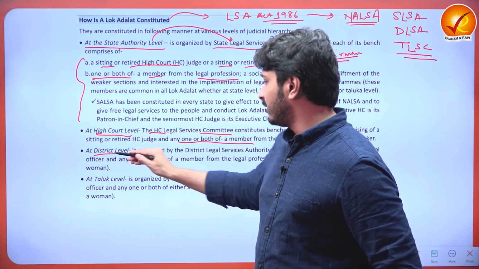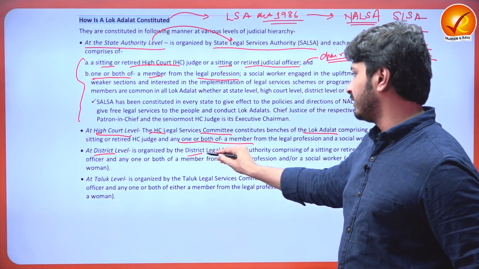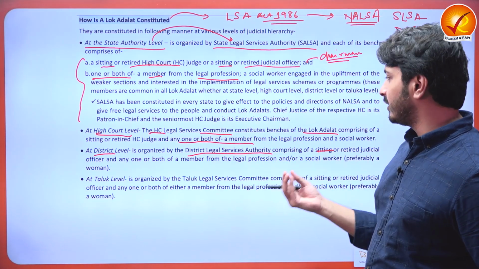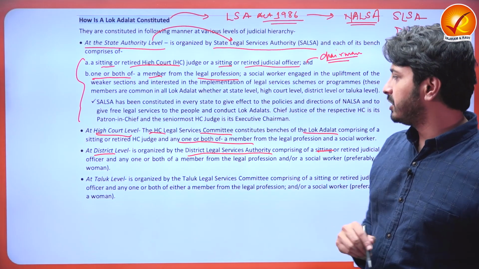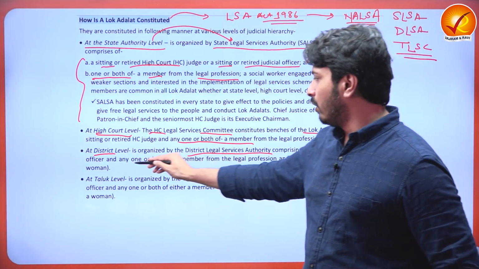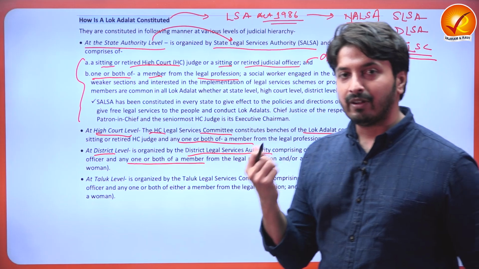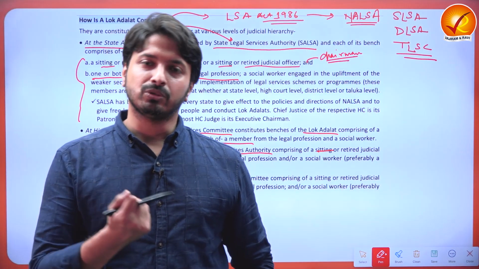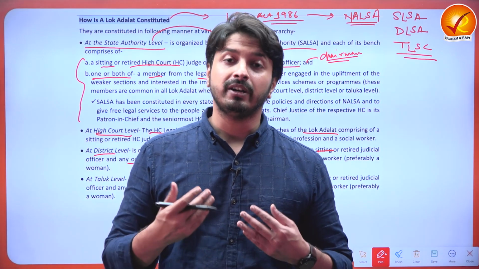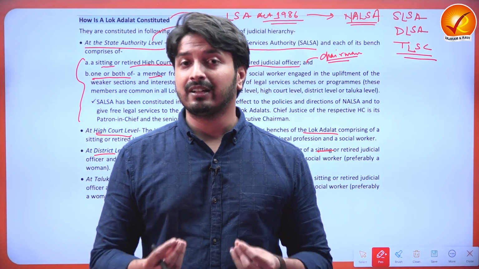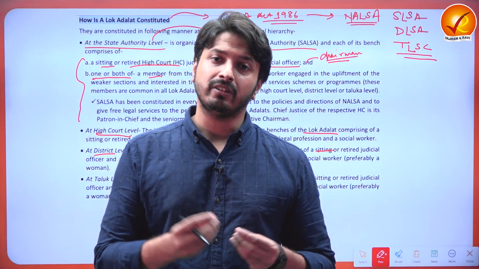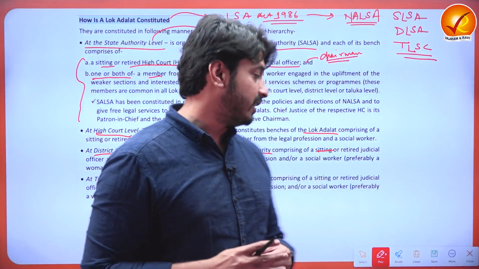At the district level, the organizing committee, as we already noted, is the District Legal Services Authority, which again will comprise a sitting or a retired judicial officer, and two members, one from the legal profession and one from the social worker side. And these social workers are those people who are actually trying to take justice to the grassroots by providing equal access to justice based on equality of opportunity.